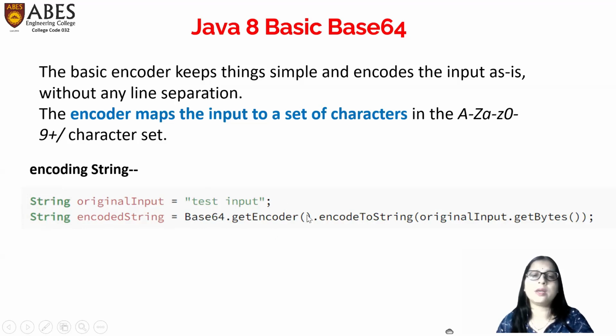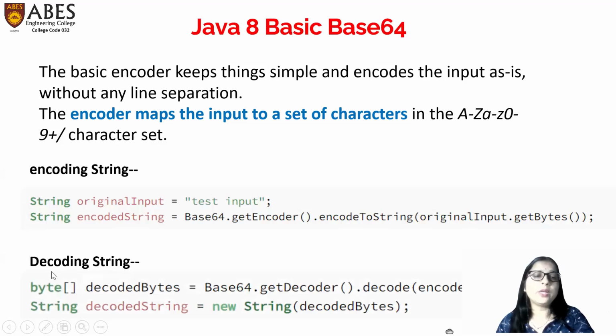Here the getEncoder method belonging to the Base64 class is used, and the function of the encodeToString method is to convert the array of bytes. So the original input is first converted into an array of bytes, and that is encoded into string format using the getEncoder method. This encoded string object holds the encoded value.